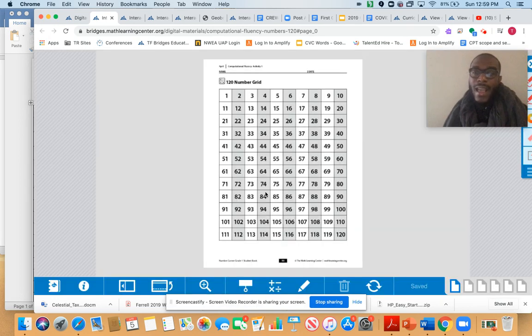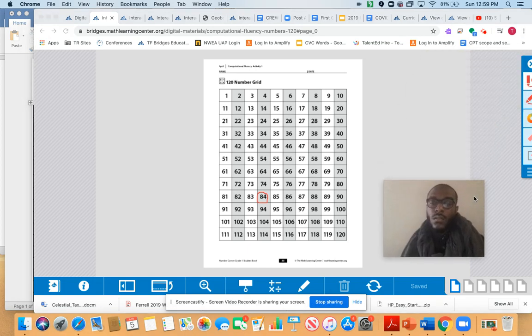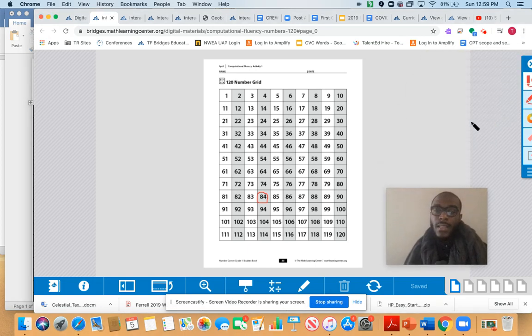84 is the number. I have 8 tens. Let me try one more time. There we go. 8 tens and 4 ones. Our tens are green. 8 tens. 1, 2, 3, 4, 5, 6, 7, 8.